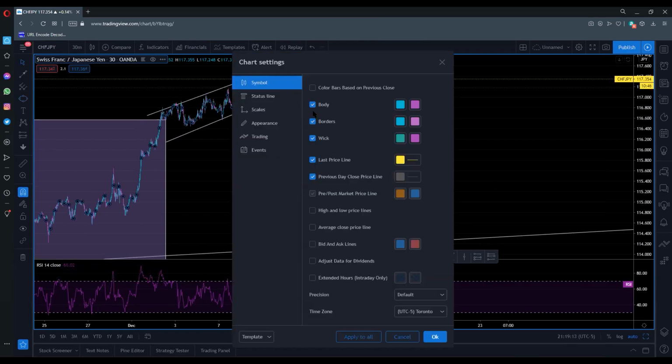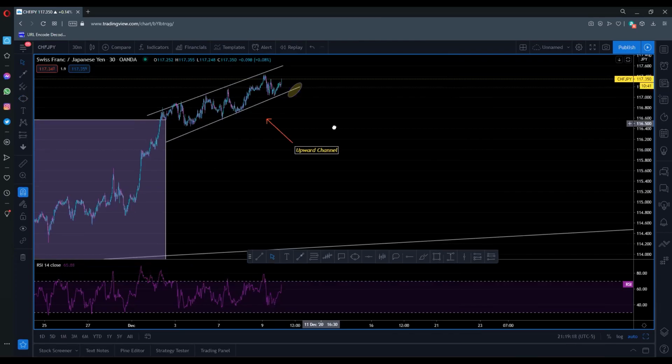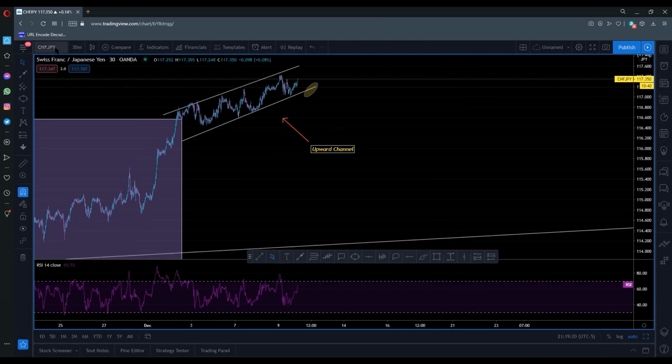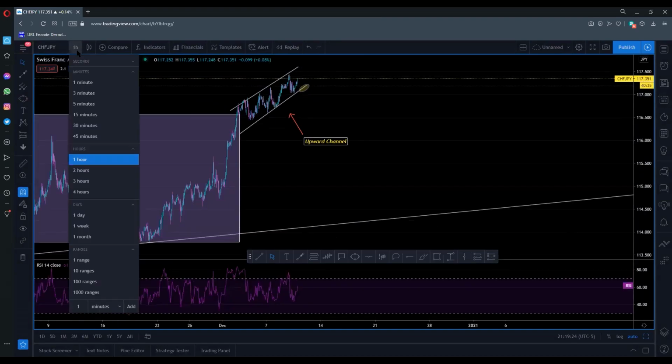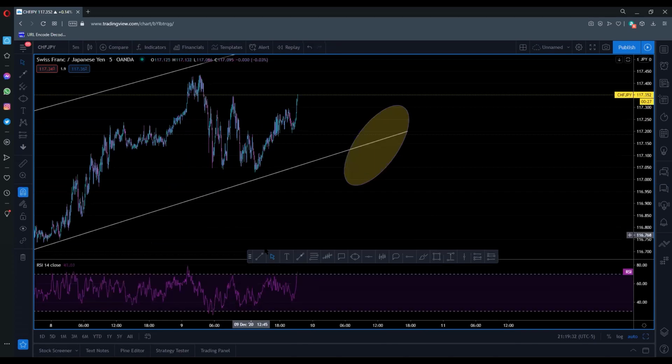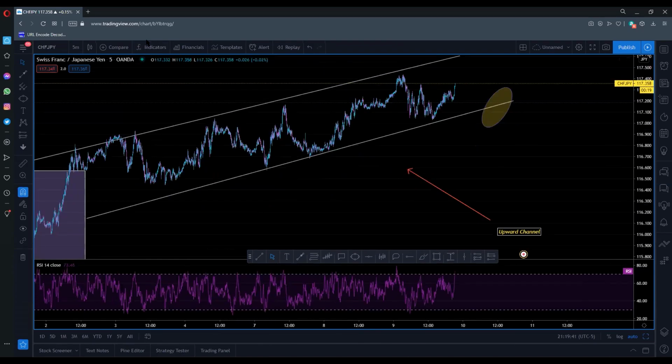Right now, based on RSI and stochastic, I believe the CHF JPY is pretty overbought. On RSI, not yet. It was overbought yesterday. You can tell by looking at the purple area. So when the line comes out of the purple area, basically it's a sign that it might be overbought.